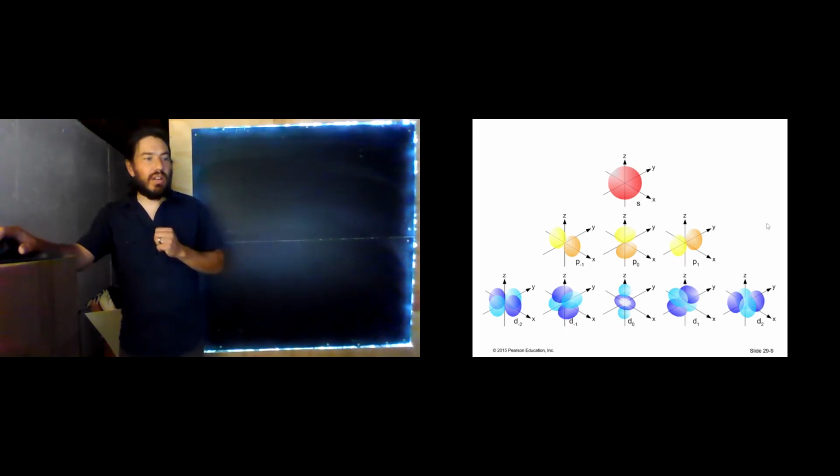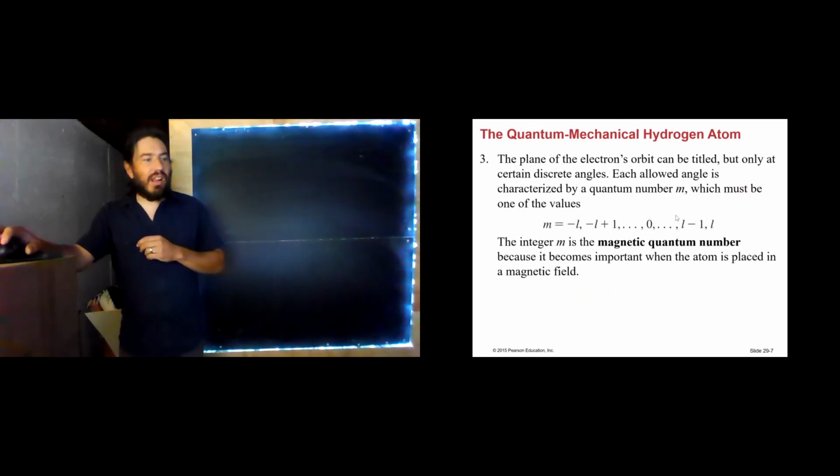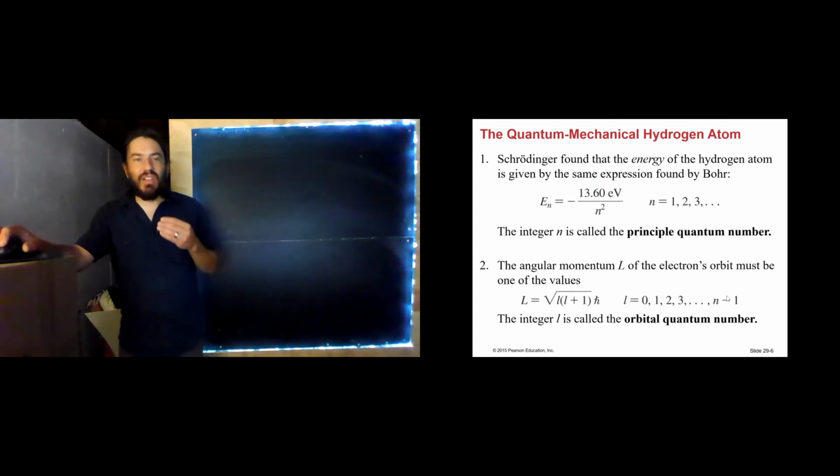And now we have a new way to wrap our brain around these. These s, p, d orbitals are analogous to our L quantum number. Let's remember what our L quantum number is. It's the angular momentum quantum number, the number that characterizes the angular momentum.